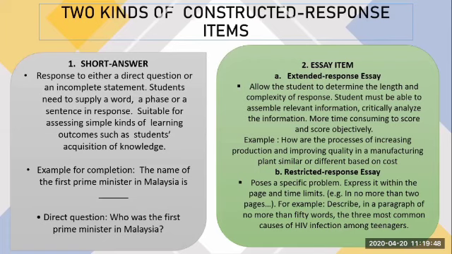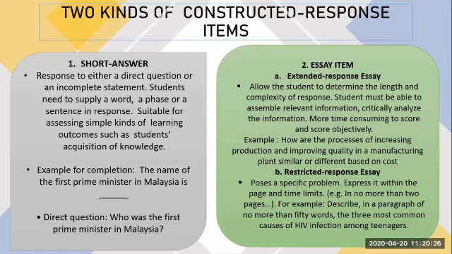And for number 2, which is the essay item, they have two types, which are A, extended response essay, and B, restricted response essay. For A, extended response essay, it allows the student to determine the range and complexity of the response. Students must be able to assemble relevant information and critically analyze it. So it is more time consuming to score and harder to score objectively.